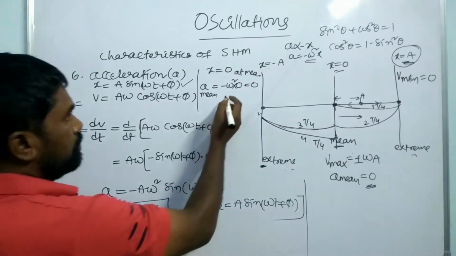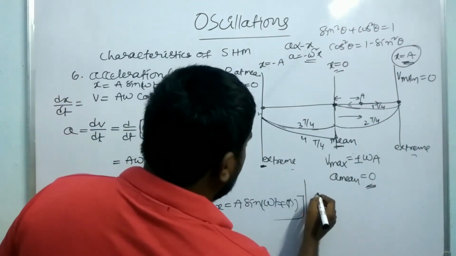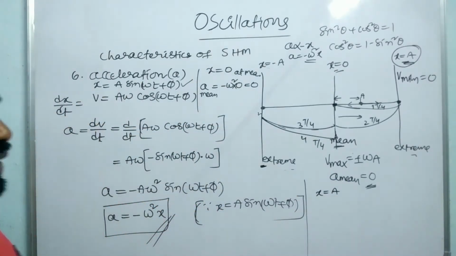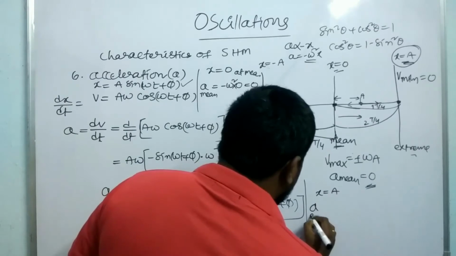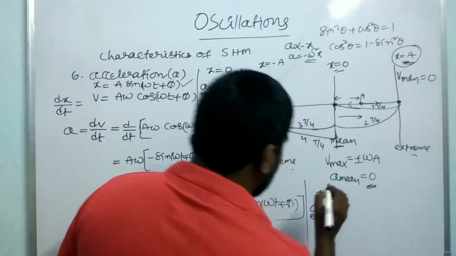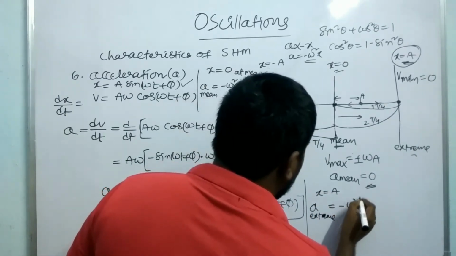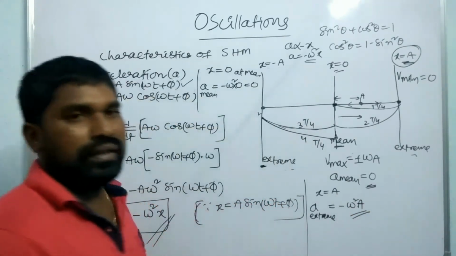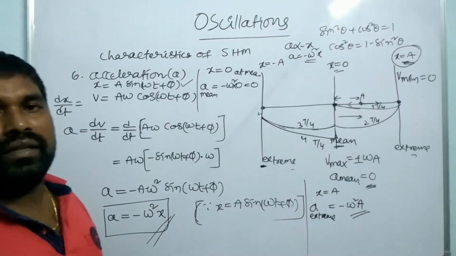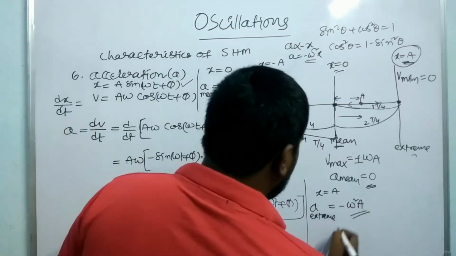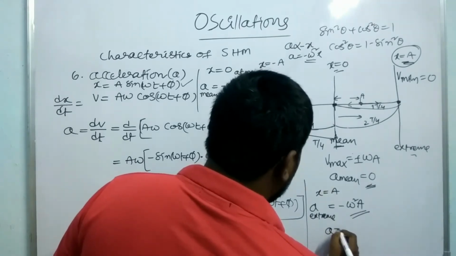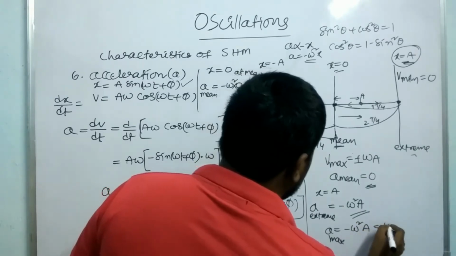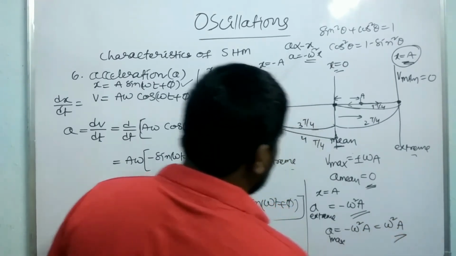So now coming to the extreme point. X is equal to A at an extreme point. So therefore A is equal to minus omega square x, replacing x by A. So A maximum is equal to minus omega square A, or it is omega square A in magnitude at the extreme point.